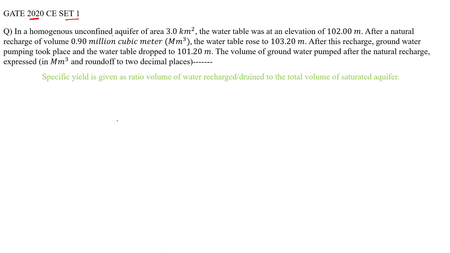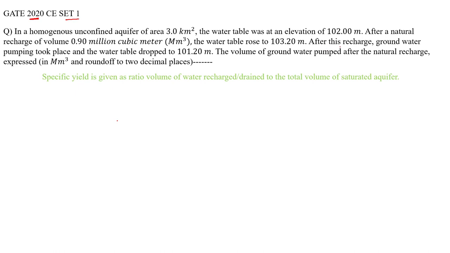In a homogeneous unconfined aquifer of an area 3 kilometer square, the water table was at an elevation of 102 meter initially. After a natural recharge of volume 0.90 million cubic meter, the water table rose to 103.20 meters.